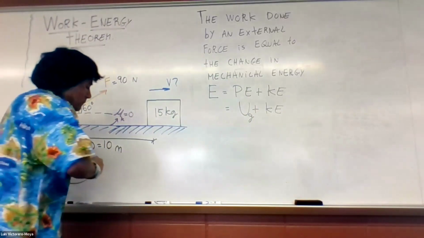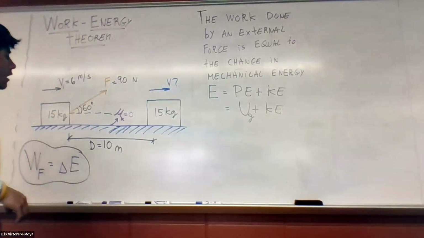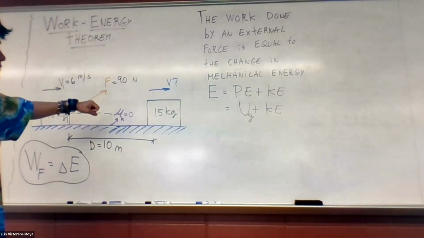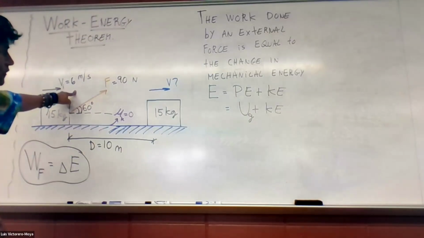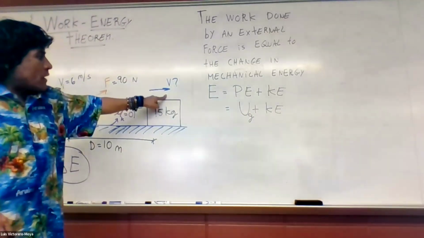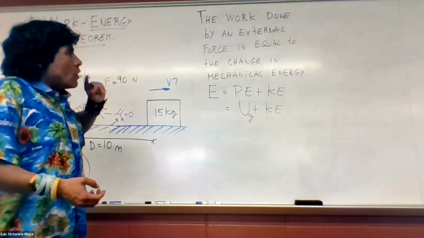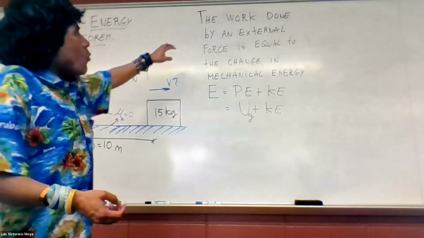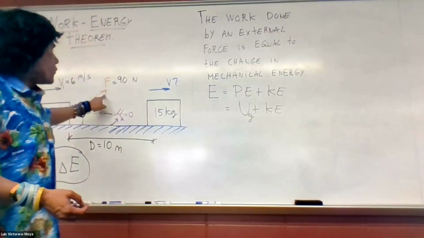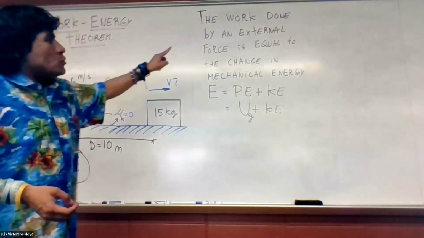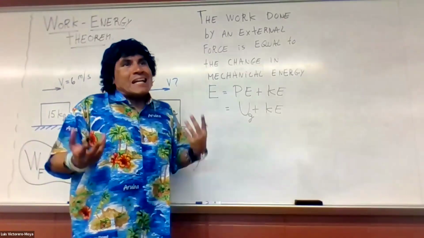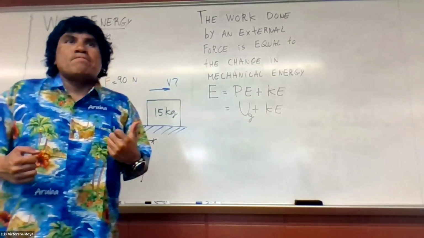I want to add it in a bit. So this force is going to increase the speed of the mass because of the acceleration. But you can also understand this as the work done by the external force is equal to the change in mechanical energy. That's just the work energy theorem.